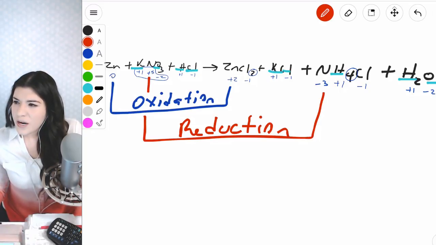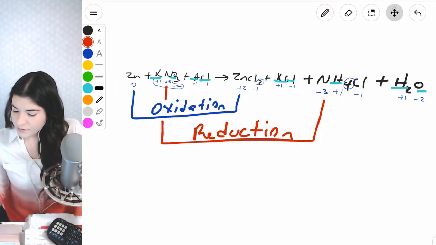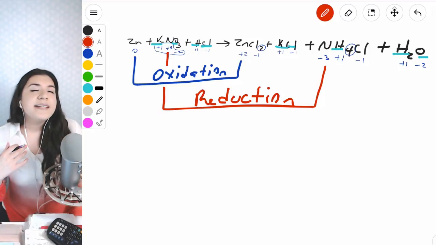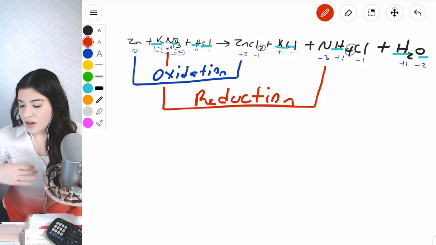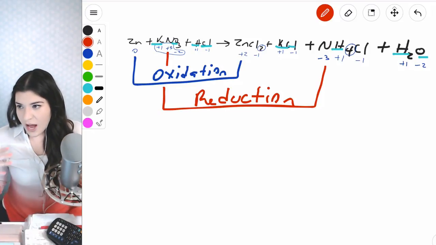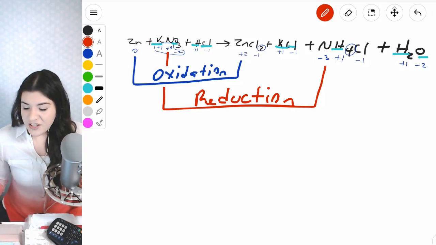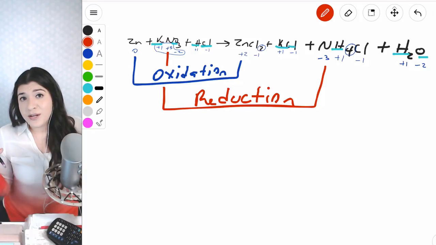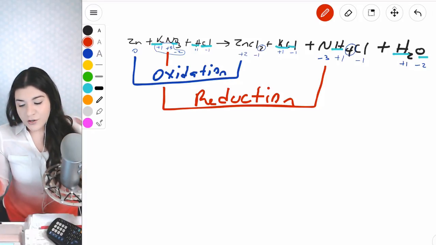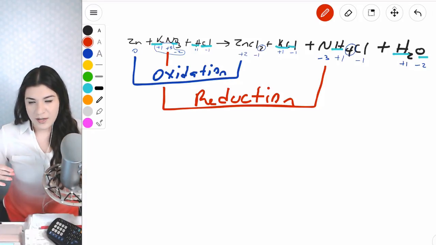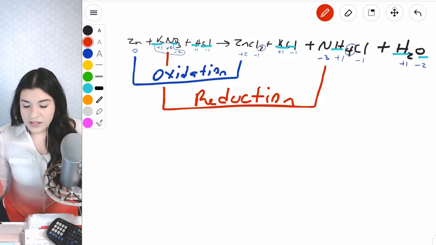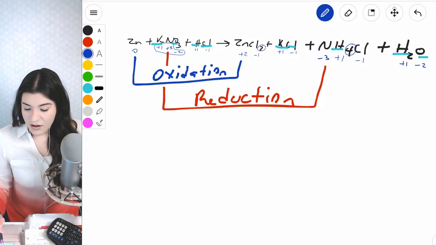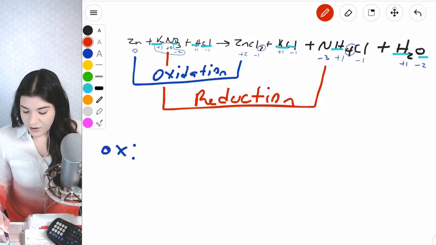Then what I'm going to do next is separate this into half cell reactions. Half reactions are essentially whatever's involved in oxidation, that's what I'm going to put together, and whatever is undergoing reduction, that's the other equation. For oxidation, I'm going to label this as ox, and I'll label reduction as red.